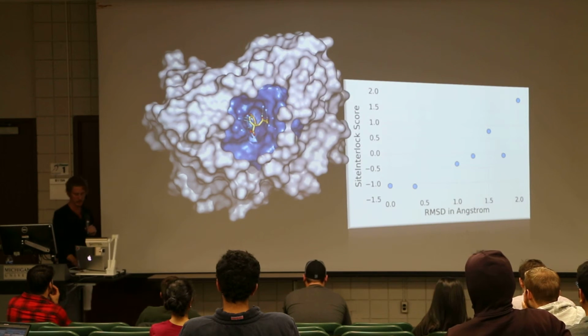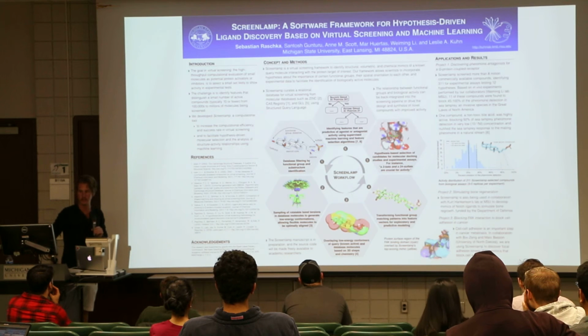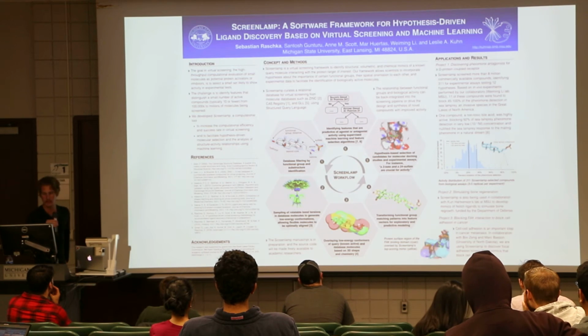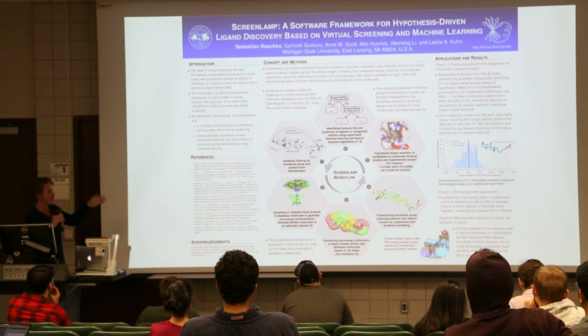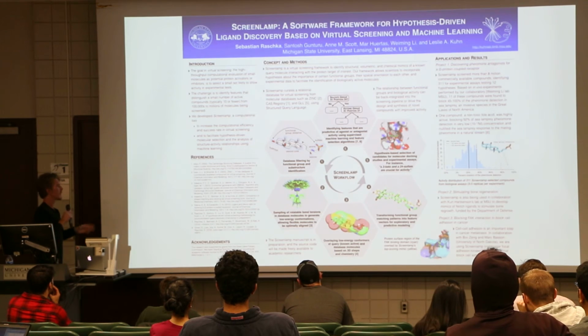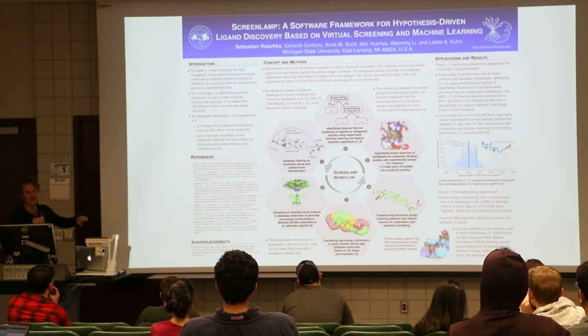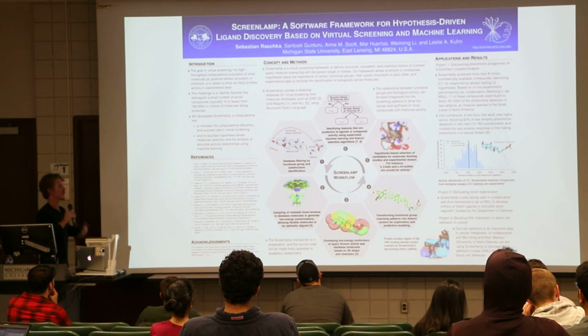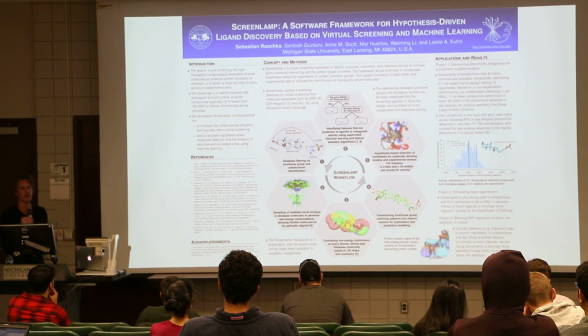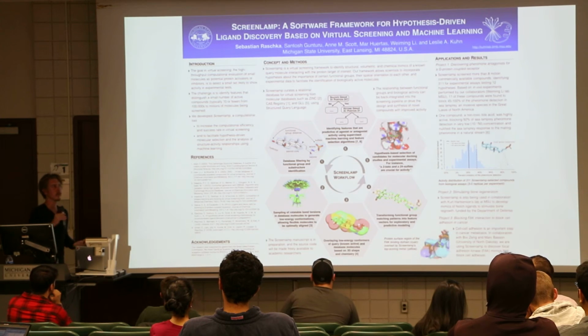Just one example. Another research project, which I'm currently writing up the paper for, was a multi-year project because I was collaborating with a lot of experimental biologists. You don't have to read all of this, but I'll just say this virtual screening application can be used for drug discovery. What we are doing is, based on a molecule, we want to find similar molecules that can have a certain biological effect.